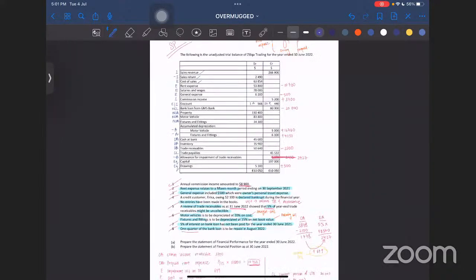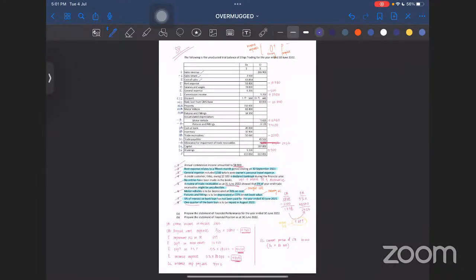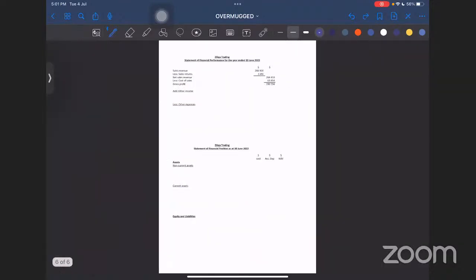So at the end of the day, when I finish, I want to make sure that all the items here, including the ones that I created, are ticked. It means I don't miss anything out and everything has been covered in my FS. These are small little tricks that you can apply, but they make a lot of difference in making your life easier and getting the full 20 marks. So it's very important to secure your 20 marks here. Okay, so this is for the trading portion.